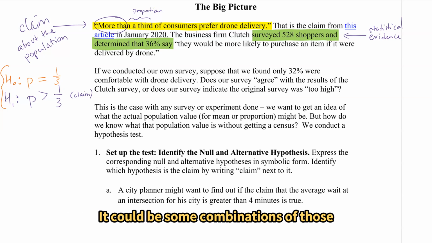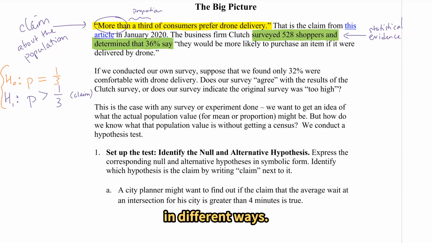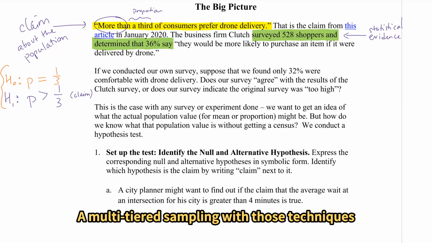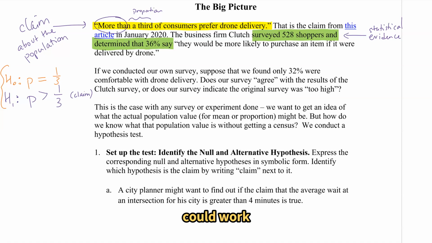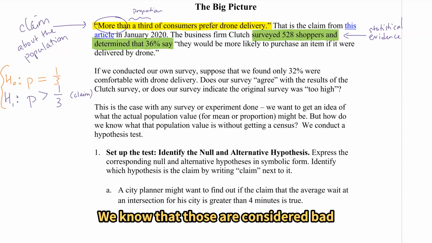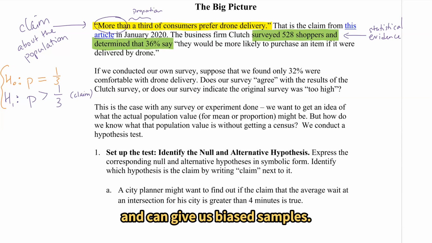There could be some combinations of those in different ways. A multi-tiered sampling with those techniques could work and be okay. We just want to make sure that the sampling technique is not convenience or volunteer. We know that those are considered bad sampling techniques and can give us biased samples.